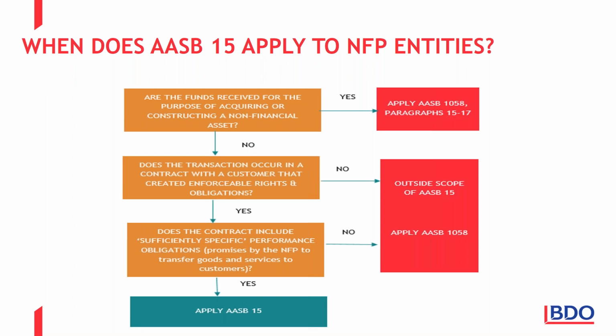Now, even if you are in AASB 15 as a not-for-profit entity, you will have to go through the 5 steps in AASB 15. And only if you get to step 5, if you meet very specific criteria, would you be able to recognize revenue over time.